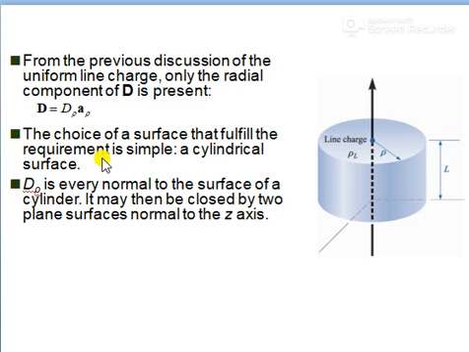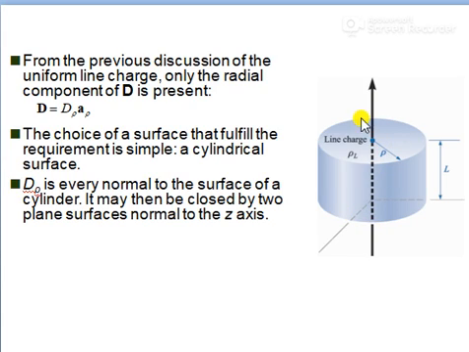Now one of the examples we will see here is the line charge. Consider an infinite line charge of density rho L coulombs per meter lying along the z axis from minus infinity to plus infinity, as shown in the figure.